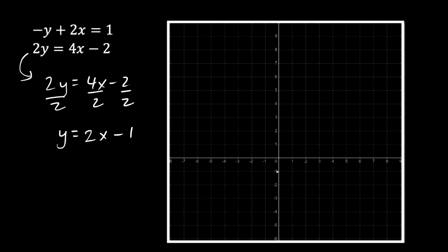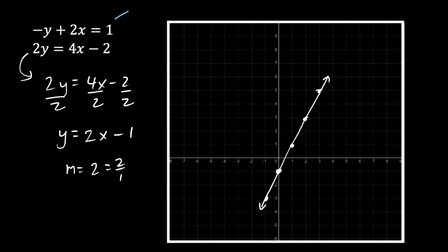So here we have -1. And now, just to make sure we're good, when we have m equals 2, we rewrite it as 2 over 1. So make sure we go up 2 and over only 1. Up 2 over 1, up 2 over 1, and so on. And we can go down 2, back 1. So that is our slope of +2. And you can always compare it to the idea of a slope of 1, and it's steeper.